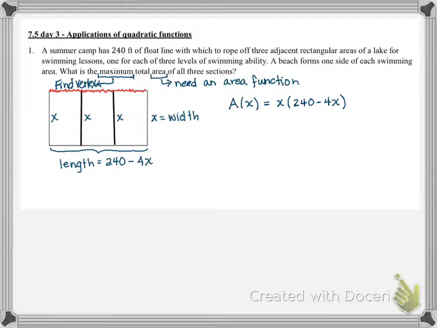We just skipped to the graph. But now that we're actually going to be using the function to find the vertex, we'll go ahead and distribute to put it in general form. I'll put it in descending order as well. So A of x equals negative 4x squared plus 240x.